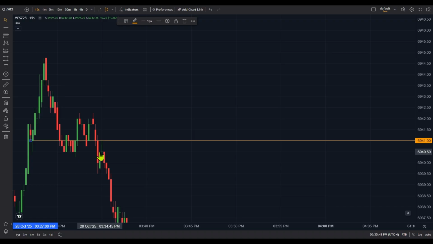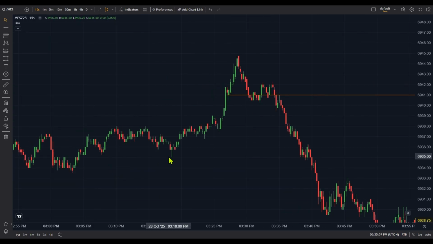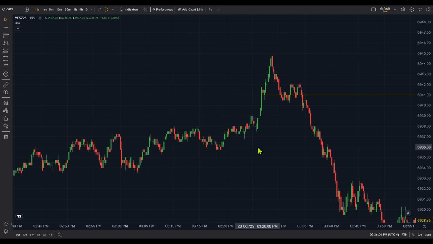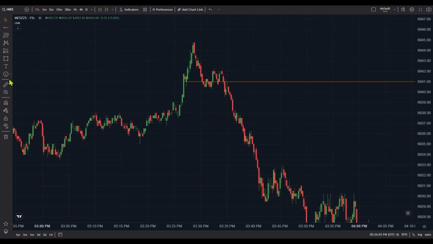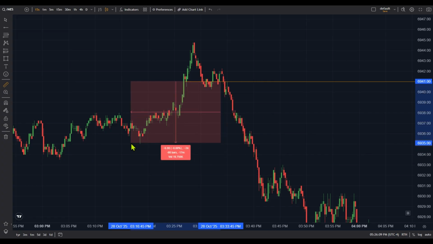at 69.4050, one below, so 4025. And then aim point, I would say probably this wick right here looks like a good one. Those are pretty much equal. Not a lot of points, but hey, anything in this market is better than nothing. So we got in there, aim for that one. 6 points.